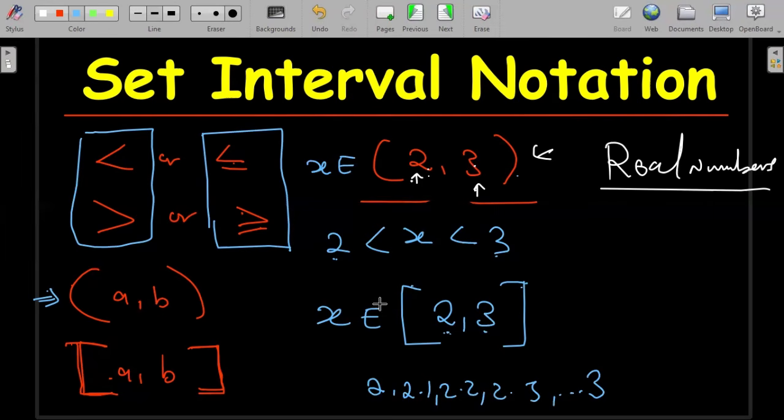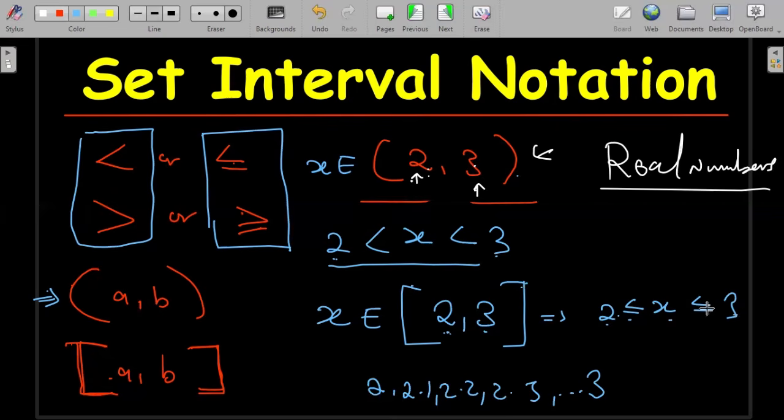I can also express this in inequality form. It will be the same as x, less than or equal to, greater than or equal to, put the smaller number here, 2, and then 3. So you see here, we are saying 2 is a part of this because there's less than or equal to.